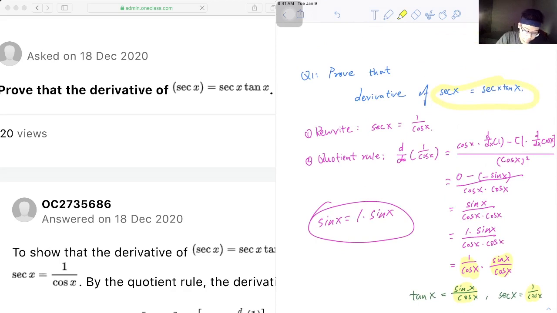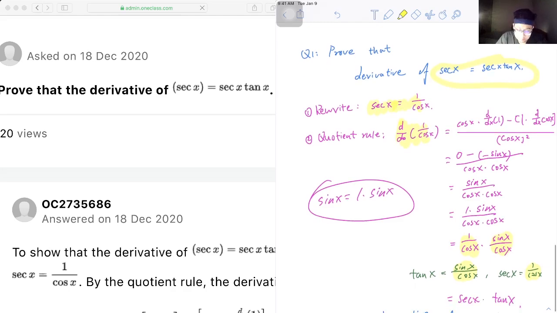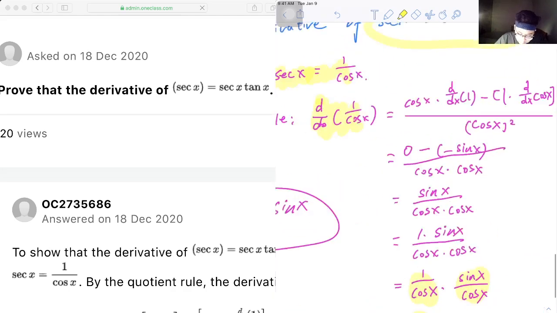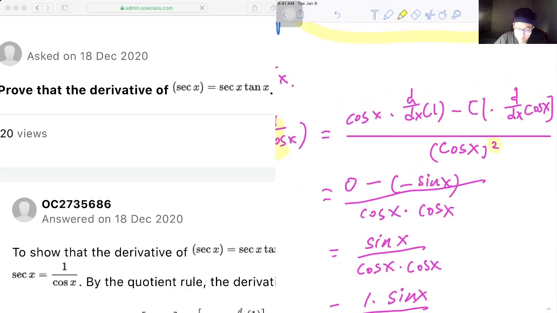So for this question, we will write the secant x first. Instead of finding the derivative of secant x, we're trying to find the derivative of 1 over cosine x. After we write it as 1 over cosine x, we apply the quotient rule. And remember, whenever you're applying the quotient rule, always remember there's a square at the denominator.